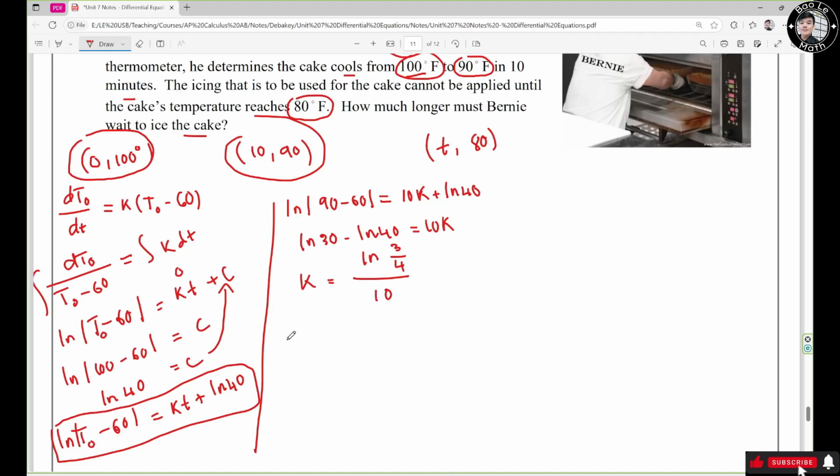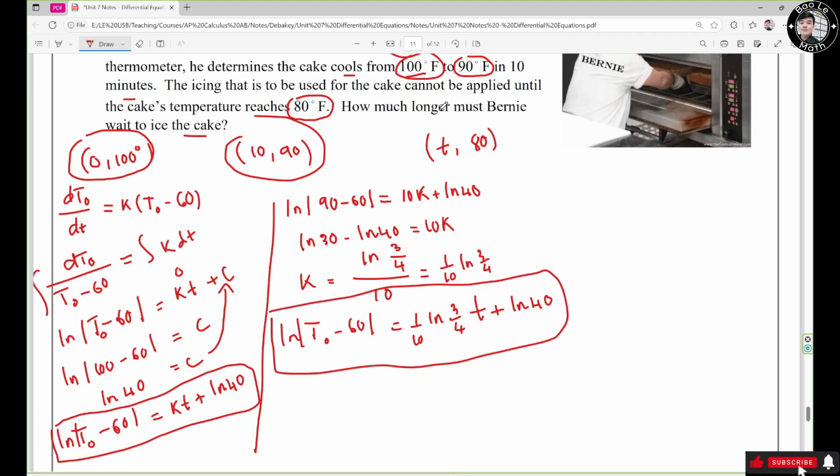Then the equation becomes natural log of T minus 60 equals k times t plus natural log of 40. I can rewrite this as 1 over 10 natural log of 3 over 4, times t plus natural log of 40.